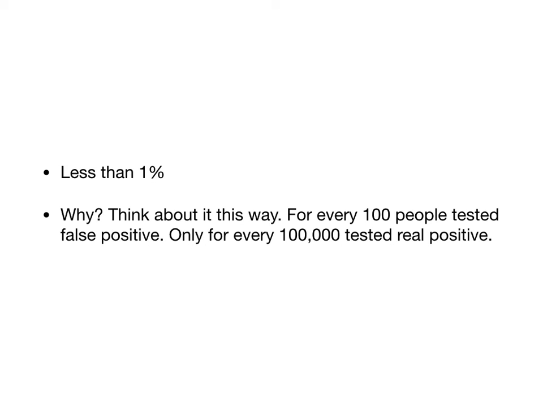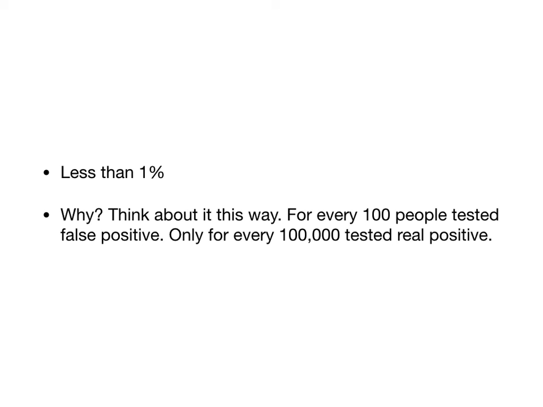We're going to have to test about 100,000 people for every real positive we get back, for every person who really has the disease. Well, if we test 100,000 people, in the course of getting our one legitimate positive result, we're going to get 1,000 false positives on average, right?